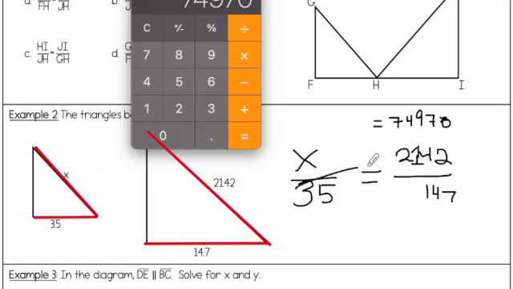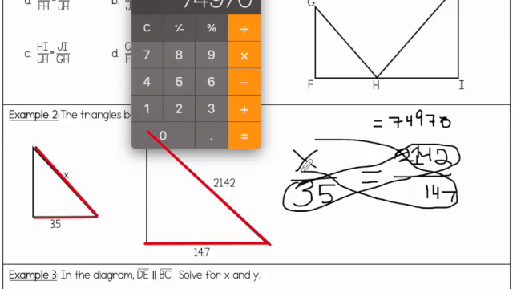Okay, so I cross multiply, and then do this side.